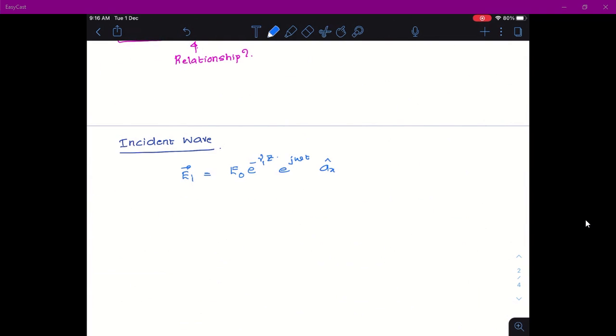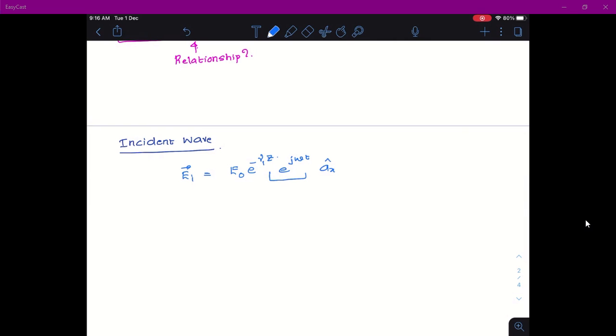All these things are there. But since all electric field and magnetic field will have this component, we don't want to explicitly mention it. We just assume that the component is there, and we are not going to use any operations on that component.